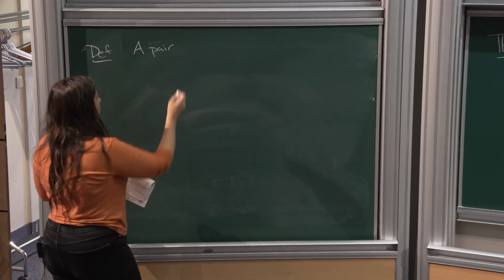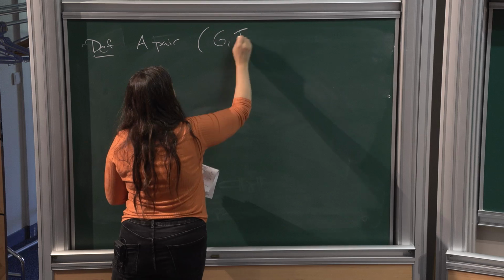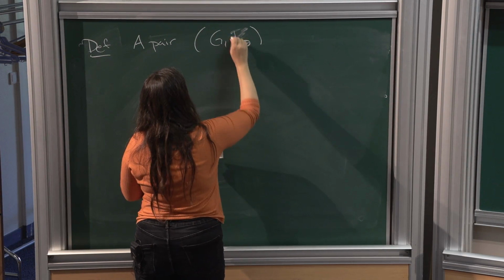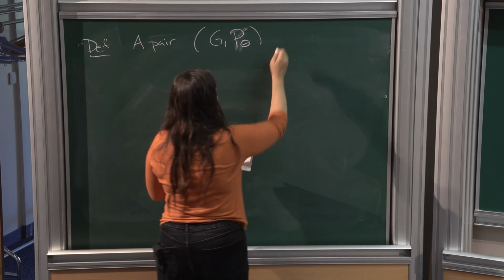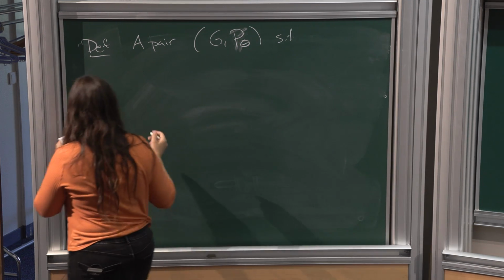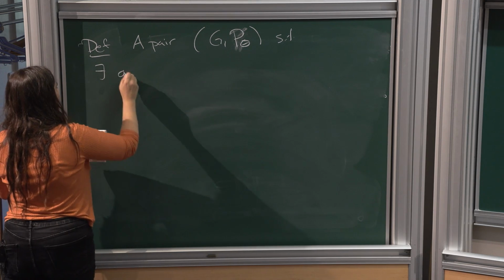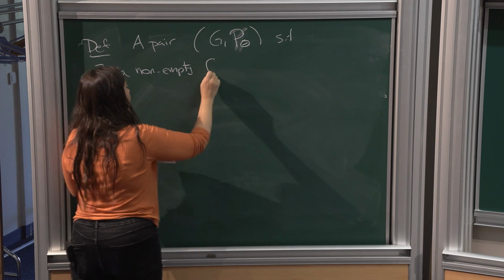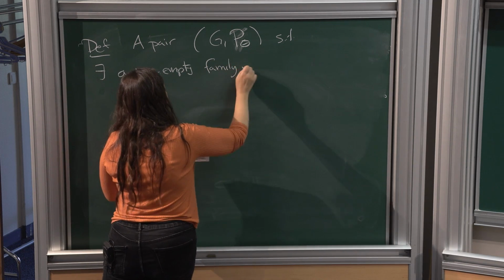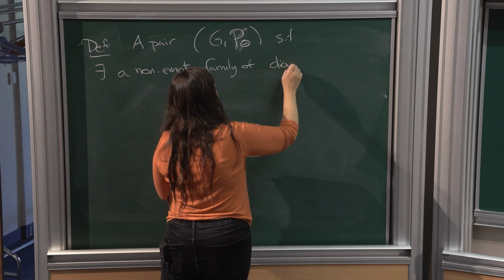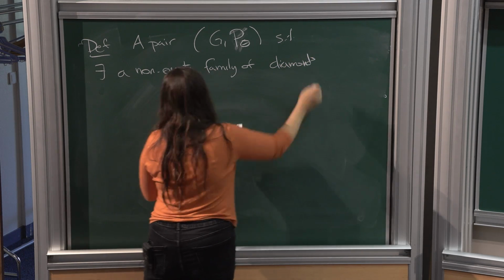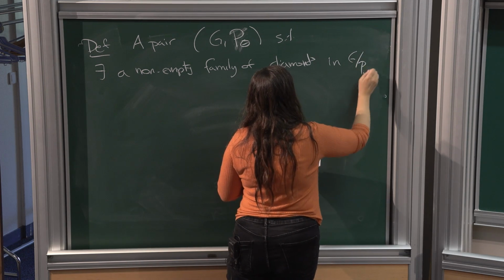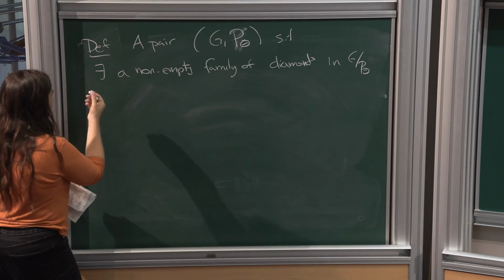So we say that the pair G, F theta, or maybe let me call this G, P theta, such that there exists a non-empty family of diamonds in G mod P theta is called the theta positive pair.